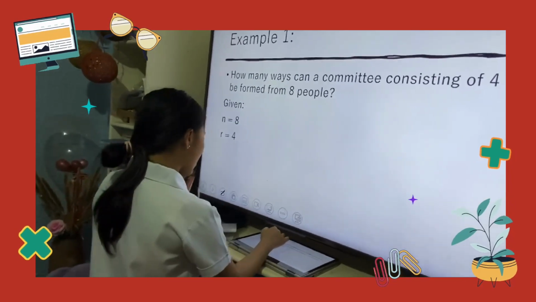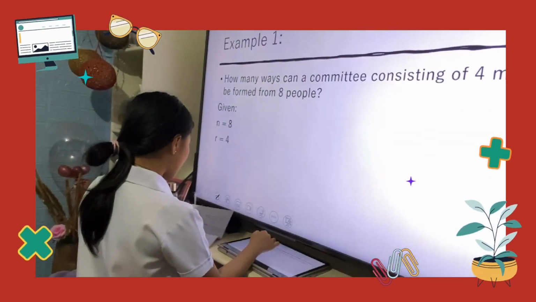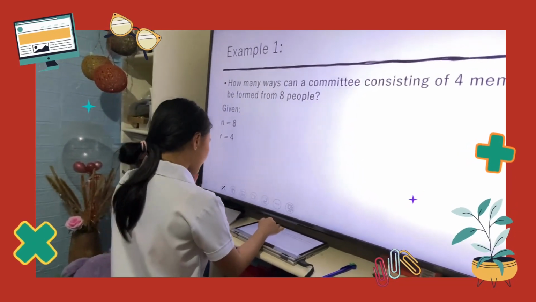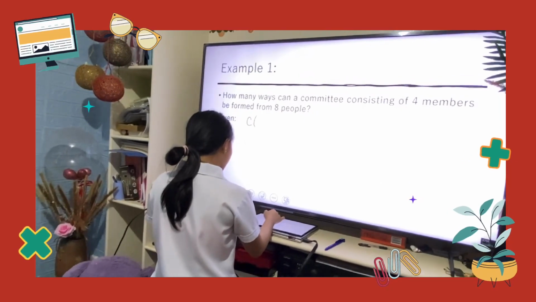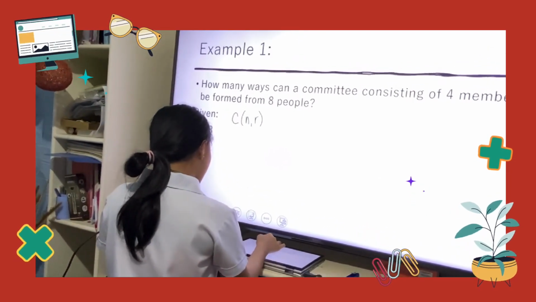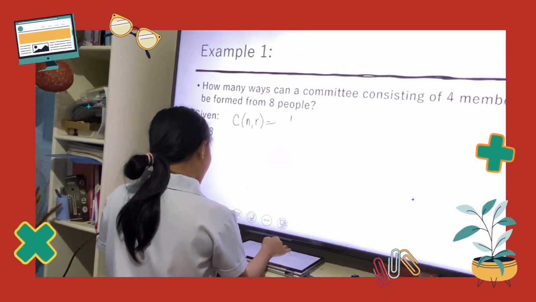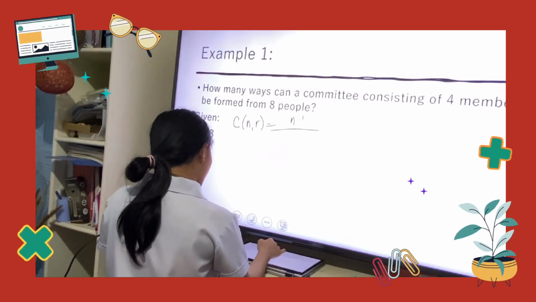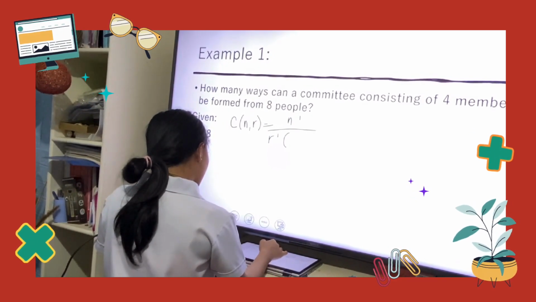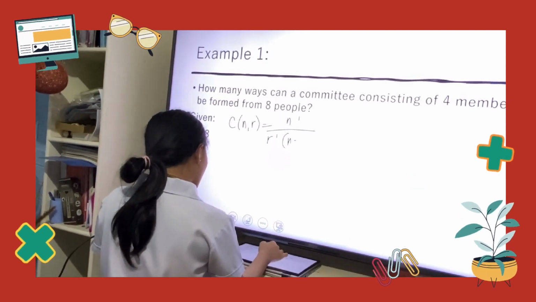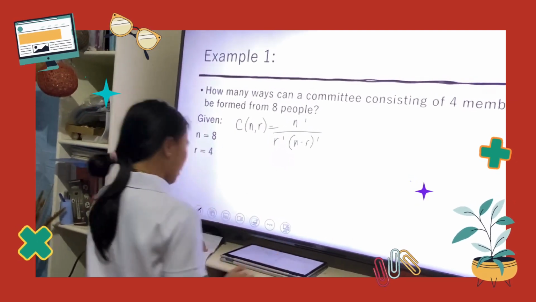So for the formula, we are going to use this one. So the combination of n taken r at a time is equal to n factorial over r factorial, and the quantity of n minus r factorial.